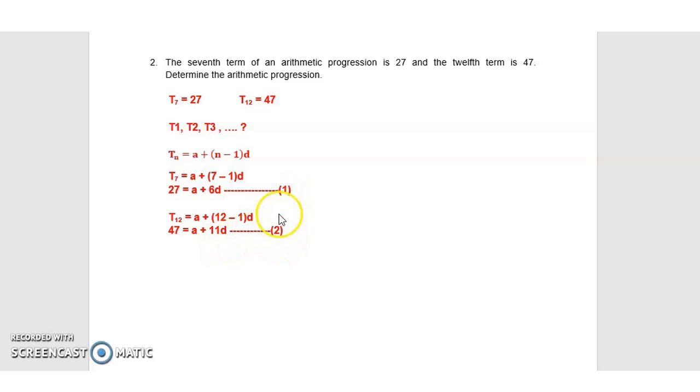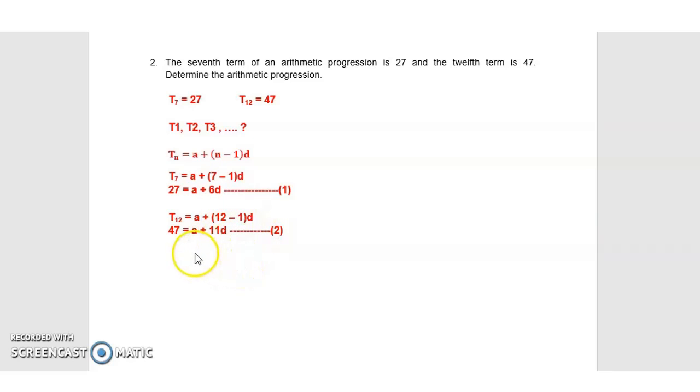Look at A: the multiplier in both equations is 1. For D, the multipliers are 6 and 11.